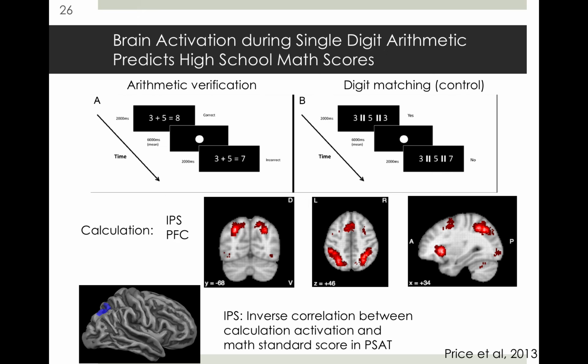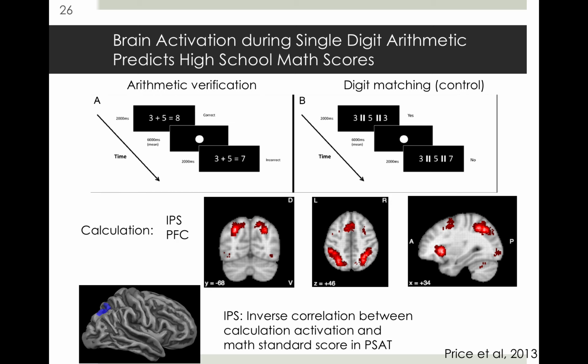So this is a very nice functional MRI study that made a very good control task for arithmetic functions. In the experimental task in the functional MRI, human subjects had to do simple mathematical checks. So you're given examples of math equations that are either right or wrong.